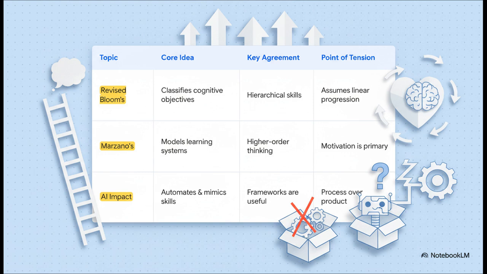Bloom sort of assumes this neat linear progression, while Marzano comes in and says, whoa, hold on, none of that happens if motivation, the self-system, isn't engaged first. And then AI just blows the whole thing up, creating a new tension by challenging how we assess any of these levels if a machine can generate the final product. The takeaway here is that AI forces us to shift our focus away from the product and onto the process.